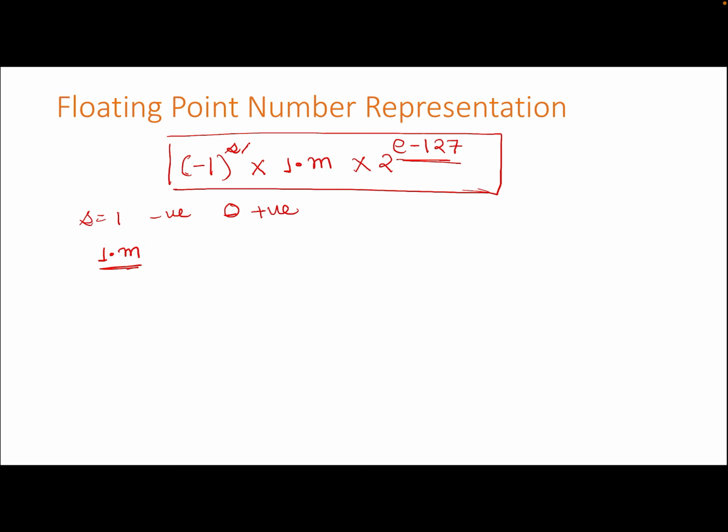This is the format for representing floating point values in a normalized representation.